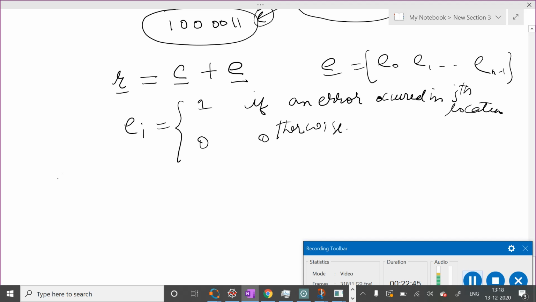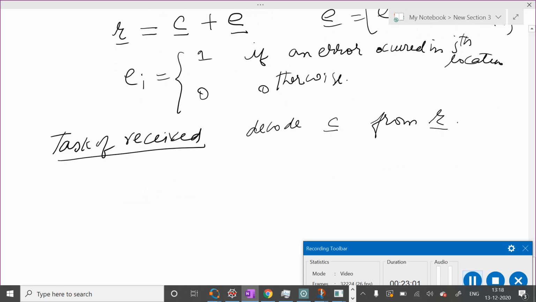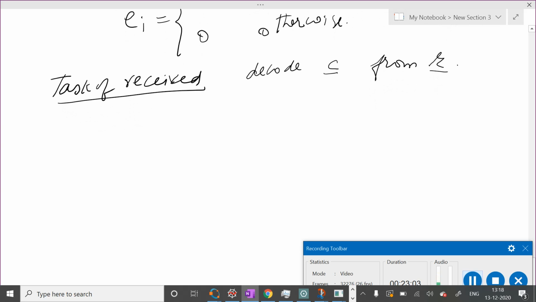Now what is the task of the receiver or decoder? The task of the receiver here, the channel decoder, is to decode the code word C from the received vector R. For that, we will compute an important quantity.